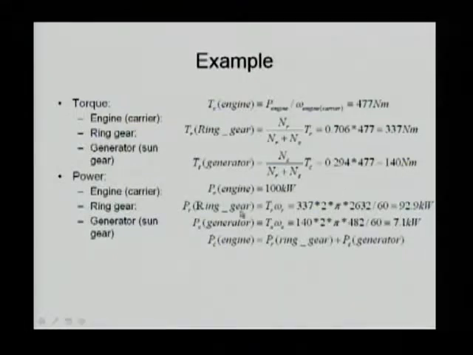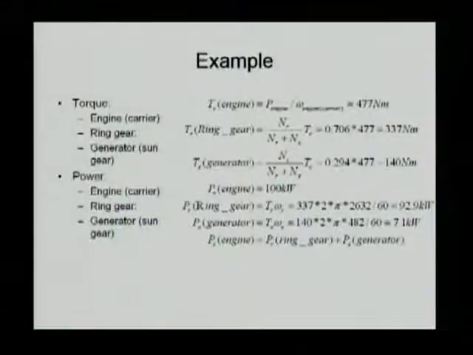The ring gear torque is transmitted to the final drive, directly driving the vehicle, but the sun gear torque is transmitted to the generator, which is going to generate electricity. Now, we already calculated from the last slide that it is going to run at 482 RPM. So we multiply the generator speed, 482, by 140 Newton meters of torque on the generator shaft. We can easily calculate the generator power is 7.1 kilowatts.